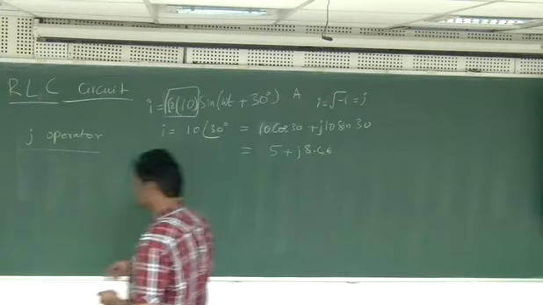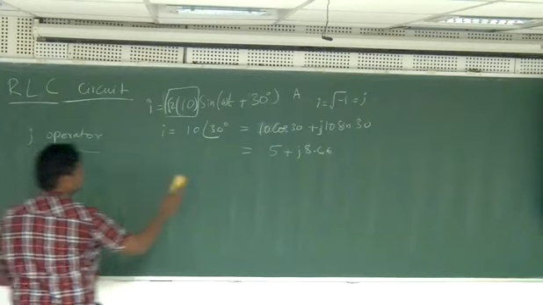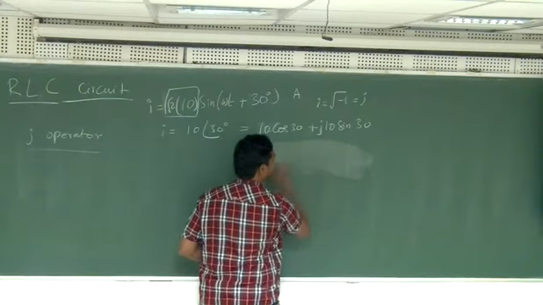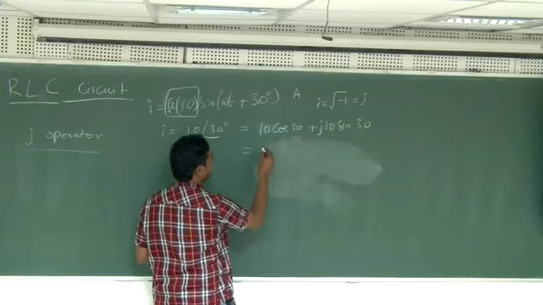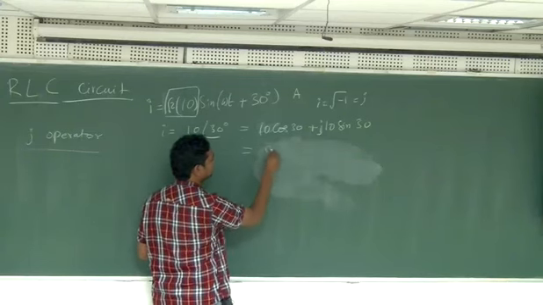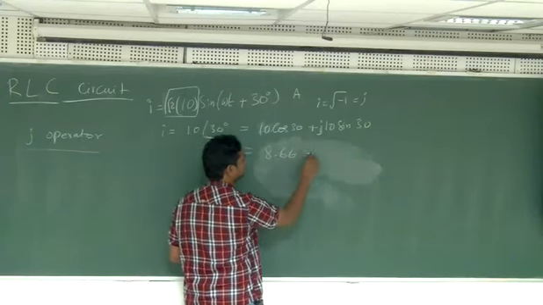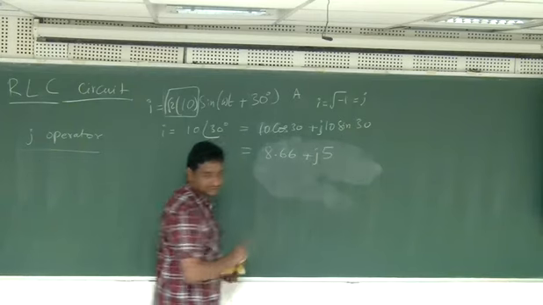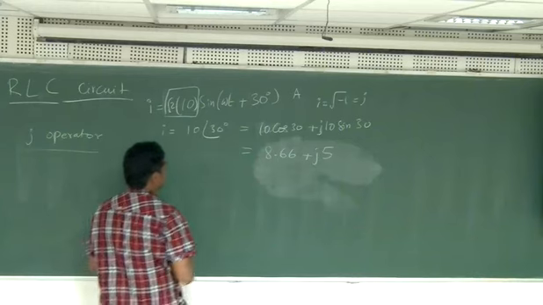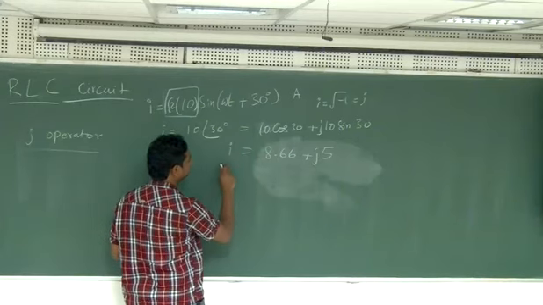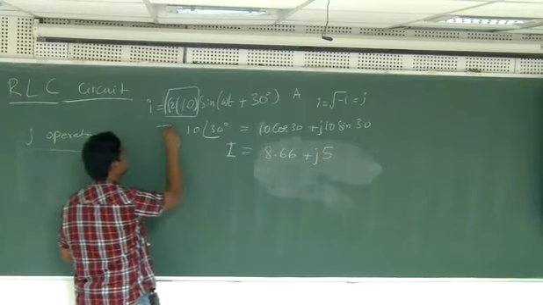Yeah, it's reverse. Sin 30 is 0.5. So what is this? Plus J5. Is that correct? Sure? Okay. So now I'll put capital I.